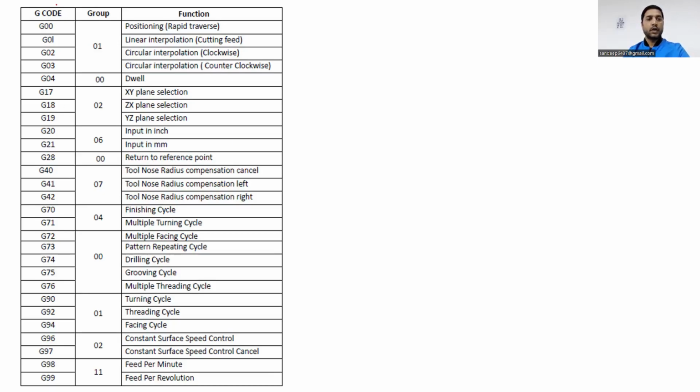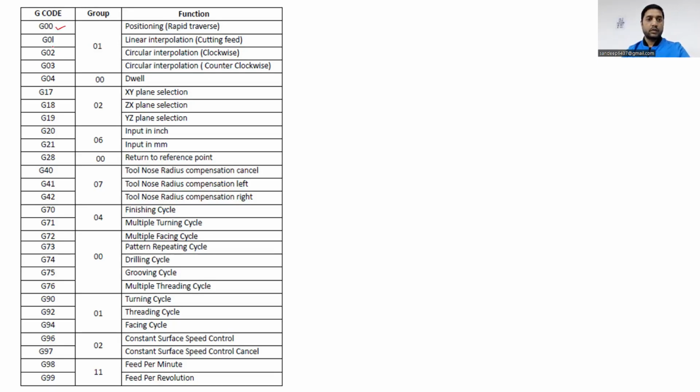Now let me explain what the G codes written here are, with their functions. The first code is G00, which means rapid traverse or positioning. When we are moving the cutting tool in such a way that there is no contact between the workpiece and the tool, we will always use the G00 code. Kindly remember this.